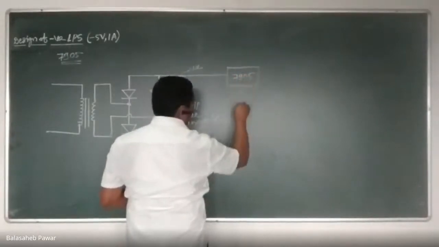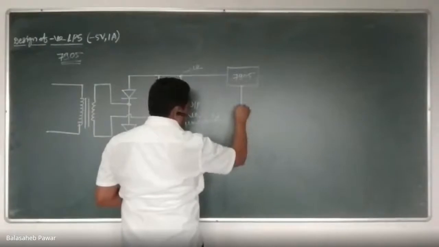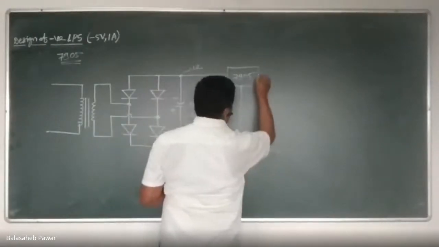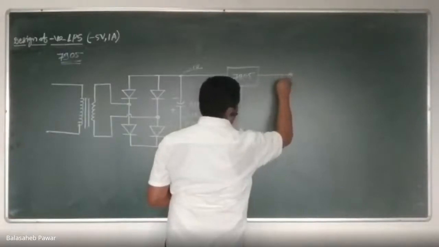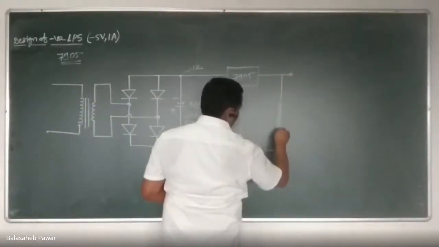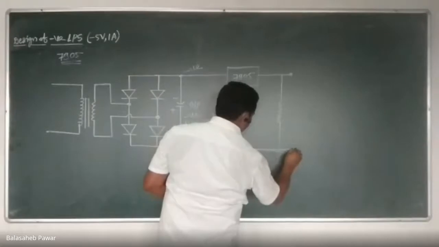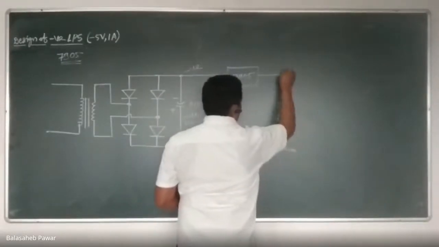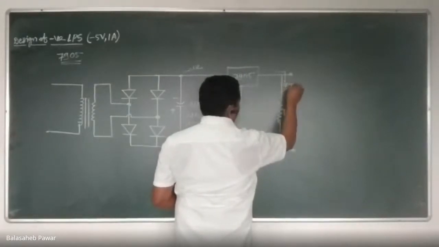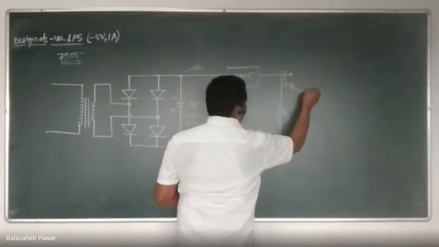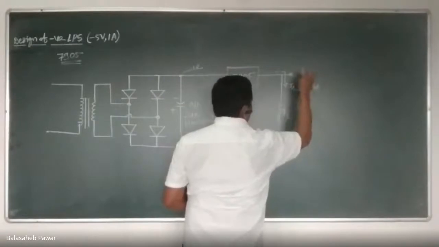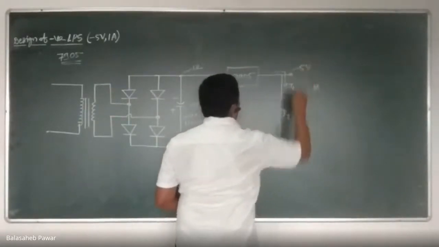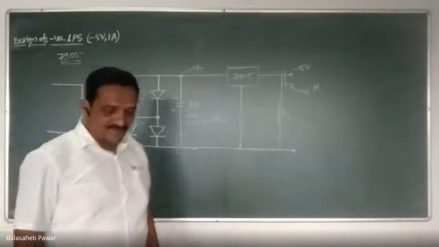From the data sheet, you have to identify which pin is the input pin, which one is common, and which one is output, right? This is nothing but our RL, so that IL max should be limited to 1 ampere, and the obtained output is minus 5 volt. Are you agree with this?